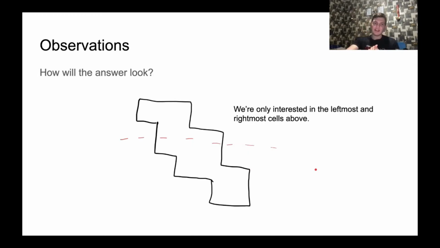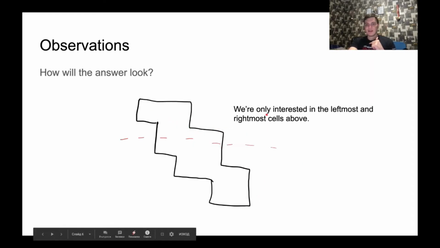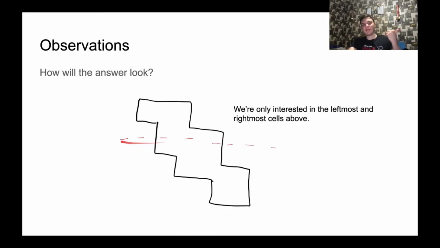Because the answer will always look like that, if we try all possible horizontal cuts, then from the cells above the cut we're only interested in the leftmost one and the rightmost one, because they define the spread of this thing above the cut.